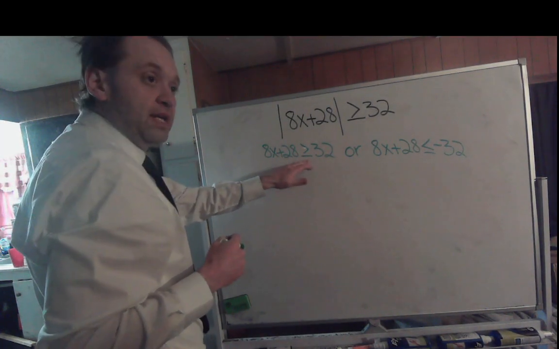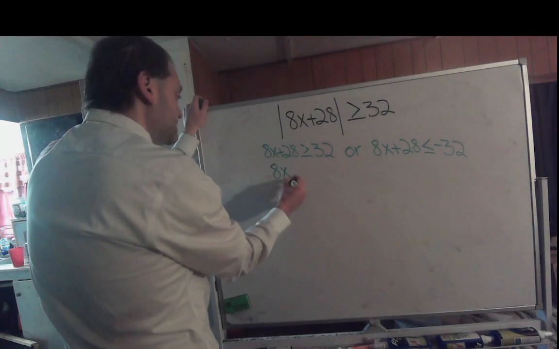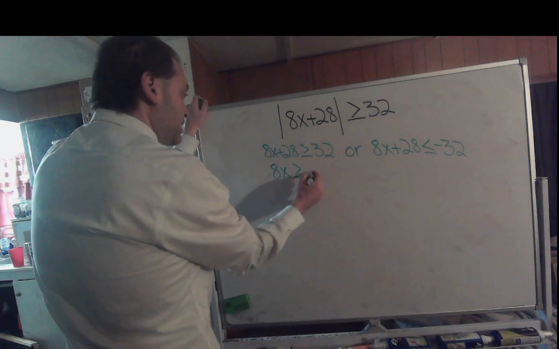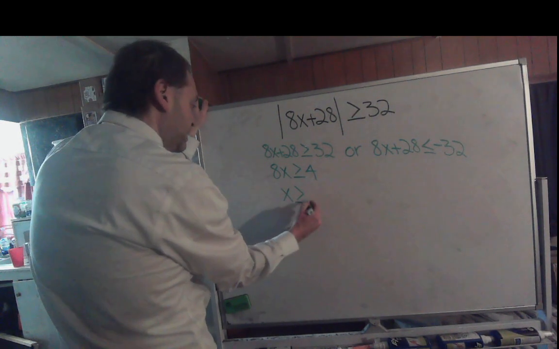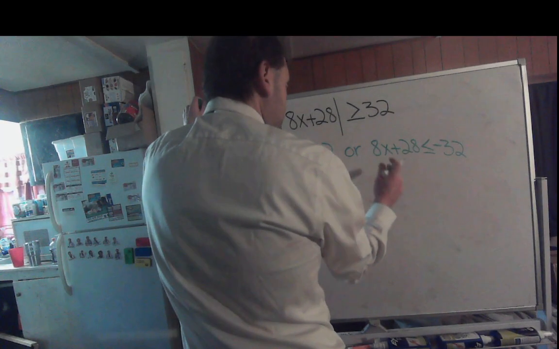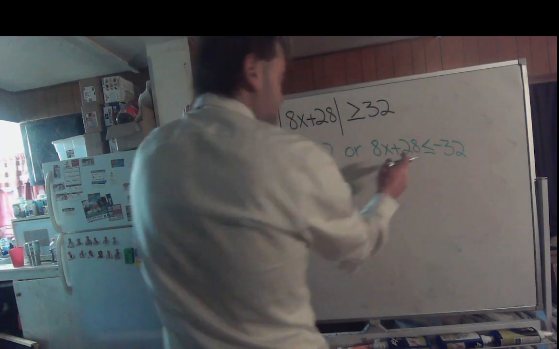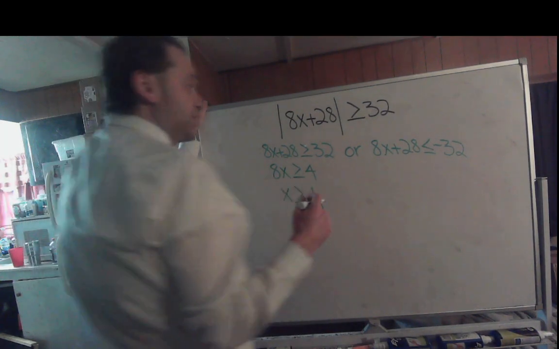8x plus 28 is greater than or equal to 32. That would give you that 8x is greater than or equal to 4, which would give you that x is greater than or equal to 1/2. And then you have 8x plus 28 is less than or equal to negative 32.